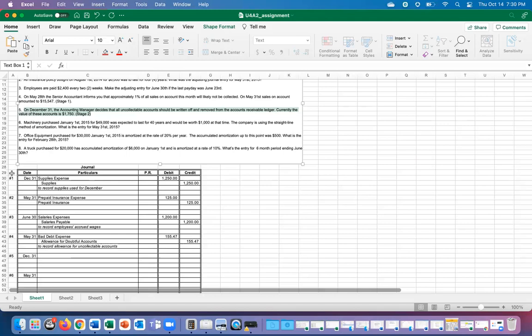So in this case, our debit is going to be the allowance for doubtful accounts. And that is going to be for the total amount of the accounts receivable, which we were told is $1,750.